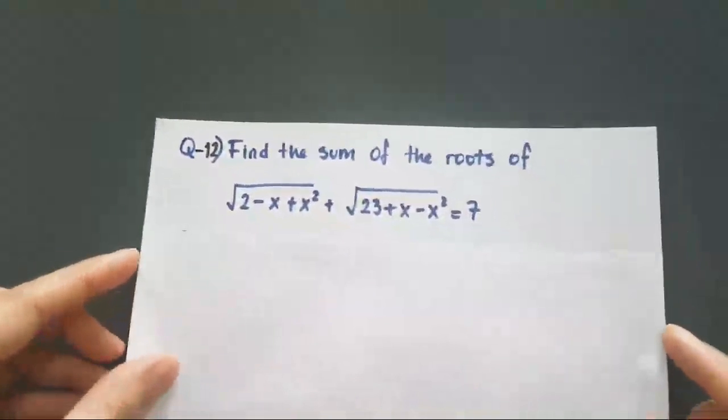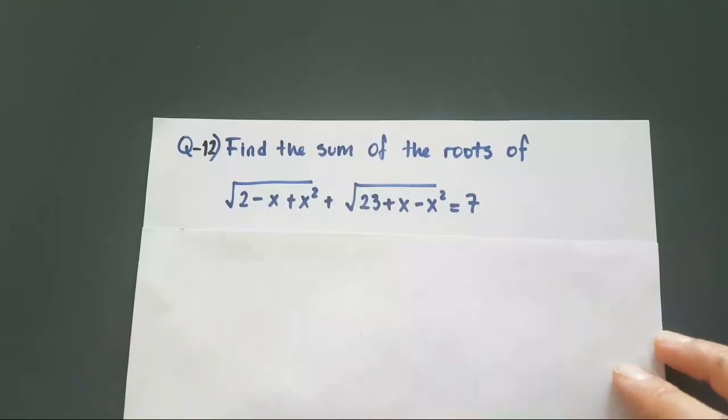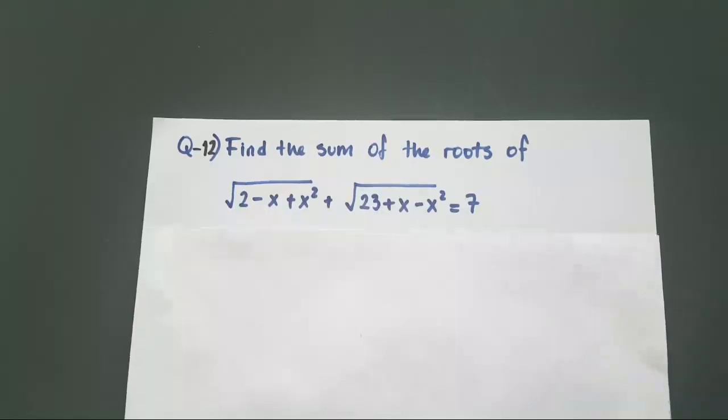Radicals again. Find the sum of the roots of the equation: square root of 2 minus x plus x squared, and square root of 23 plus x minus x squared, is equal to 7. Guys, we have solved harder ones. We have solved a similar equation with cube roots.